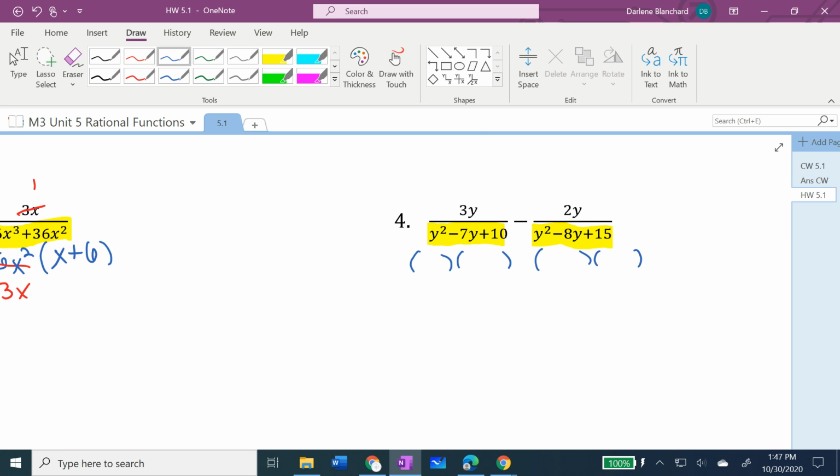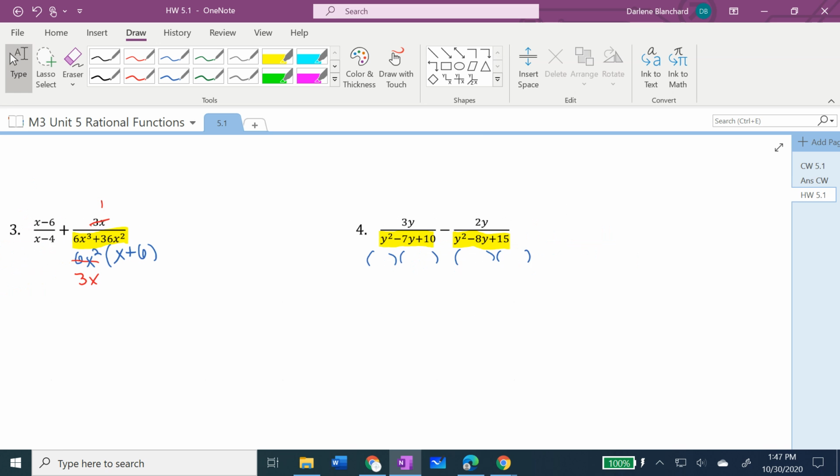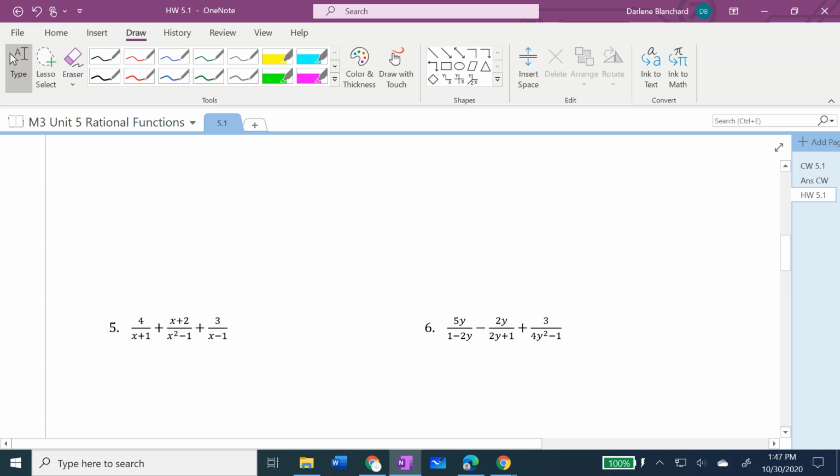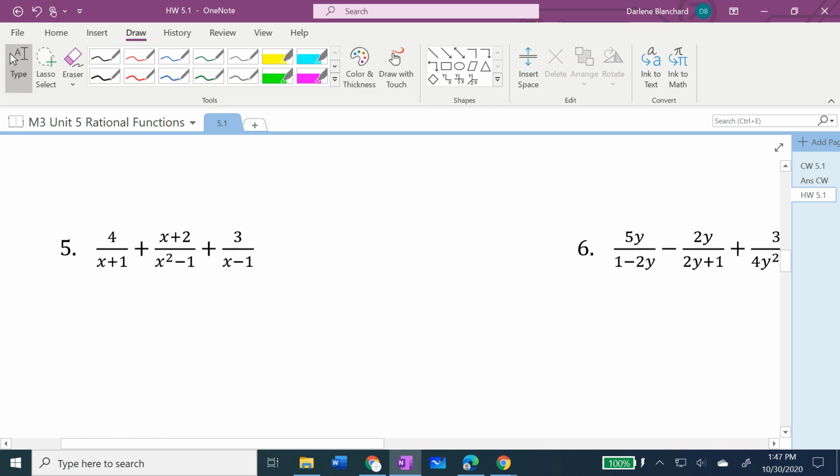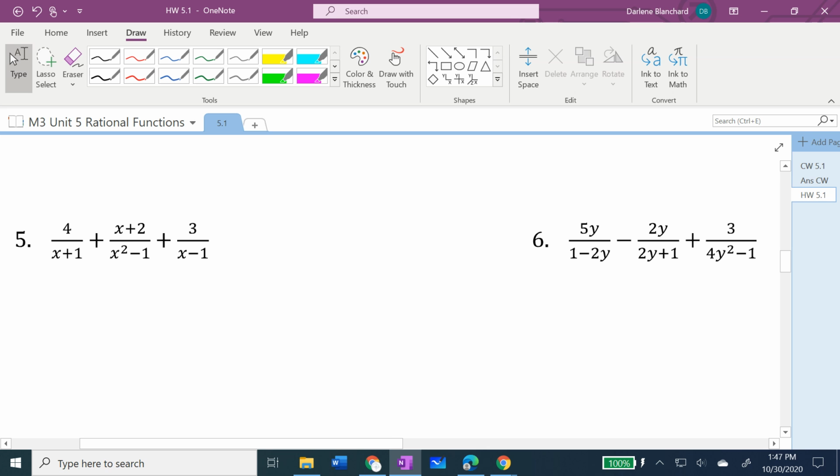Good. If you have 3 fractions adding together, each has to have that same common denominator. And I realize some of these problems get difficult. You're going to want to factor that x squared minus 1 before you figure out what that least common denominator is.